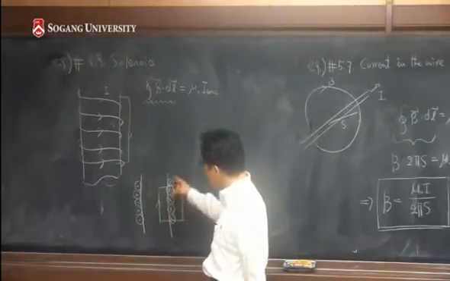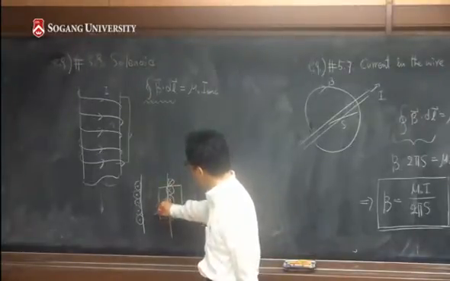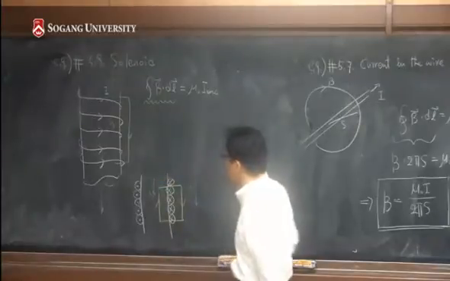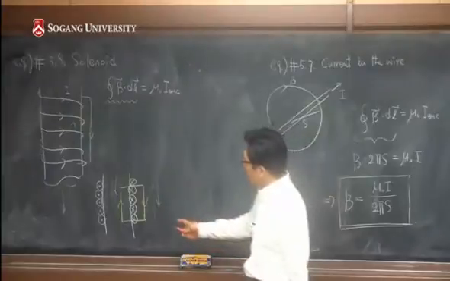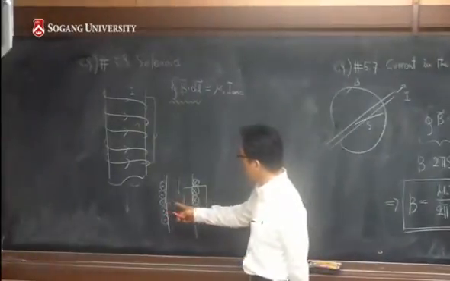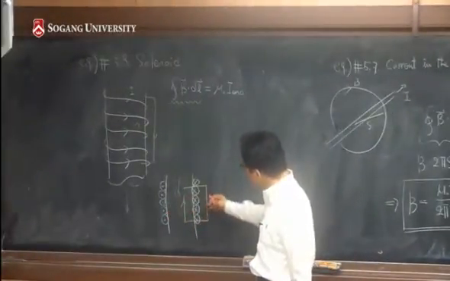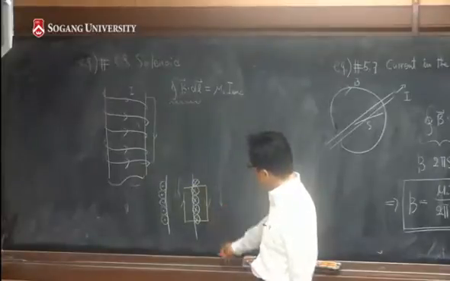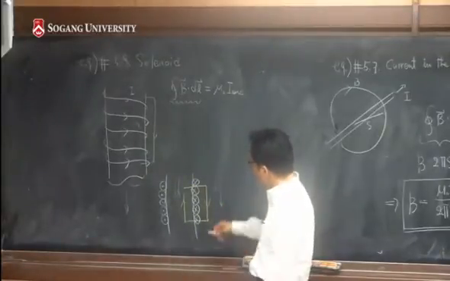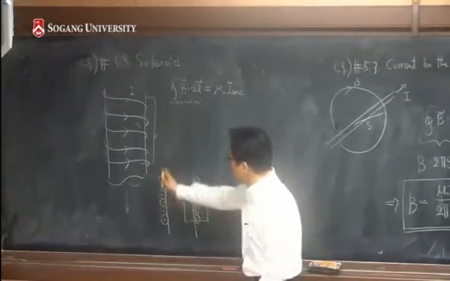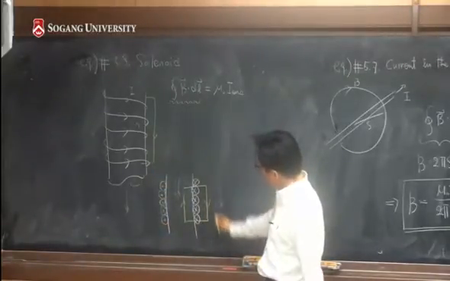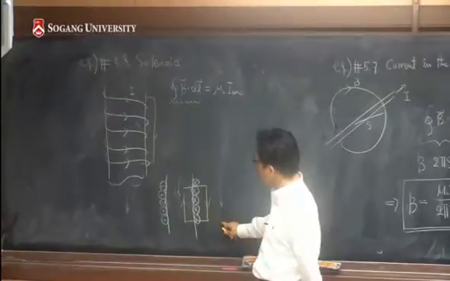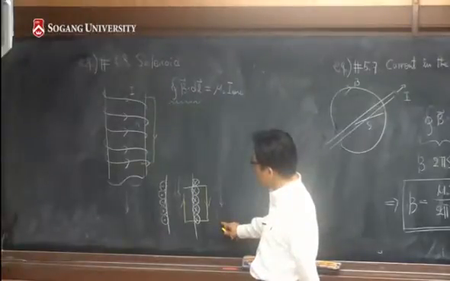Okay? So what you can say about the magnetic field in this part is that the magnetic field due to this current density, denoted by the red line here, will be cancelled with the magnetic field due to this part, which I drew here with the blue chalk.